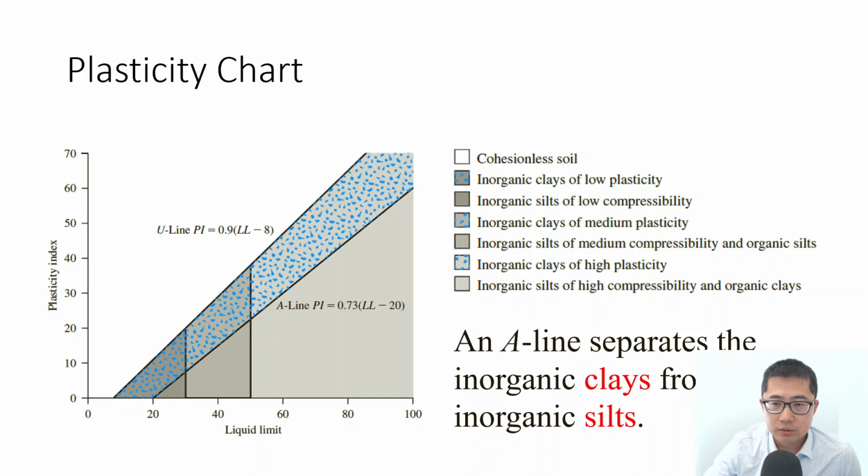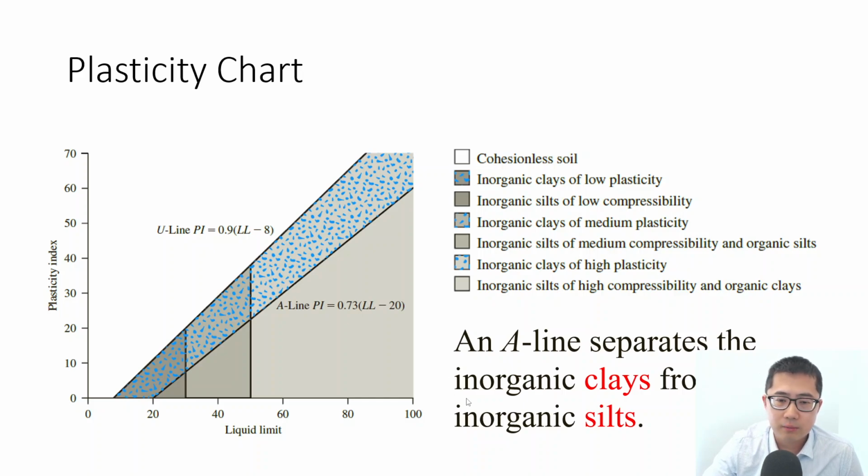Essentially, everything below the A line, if you look at this over here, you're going to have some silts and organic clays or silts of high compressibility. So basically, things below the A line are all silts, and things above the A line are generally clays.